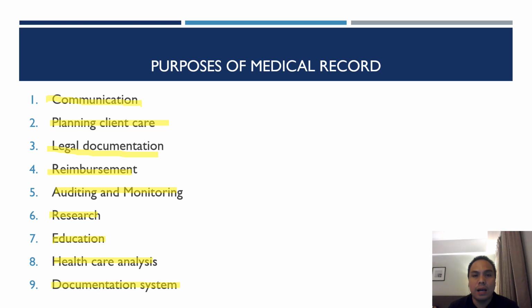And lastly, documentation systems. In documentation systems, a number of systems are in current use. So the source-oriented record, the problem-oriented medical record, the problems, interventions, and evaluation model. So these are the purposes of the medical record.